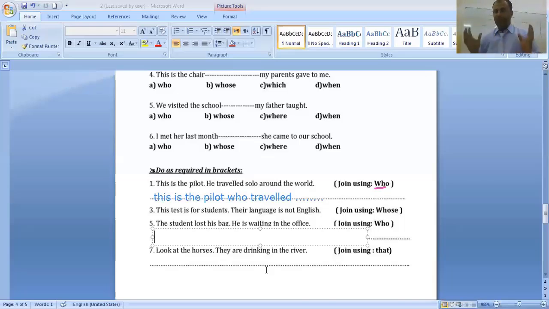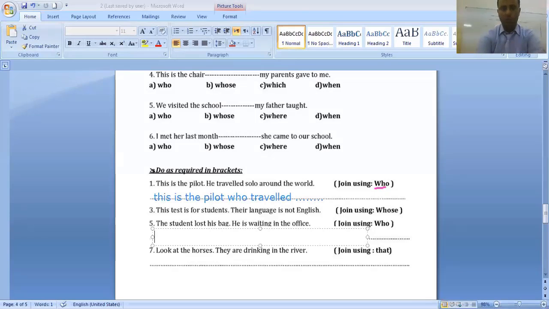First of all, we are talking about the student. Both sentences are talking about the student. So in the second sentence, the relative clause should follow directly the one thing we are talking about. Here I'm talking about the student, so the relative clause should follow the student directly.